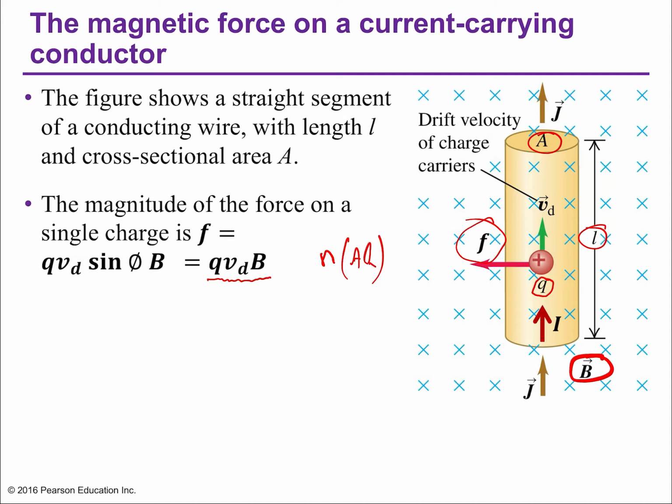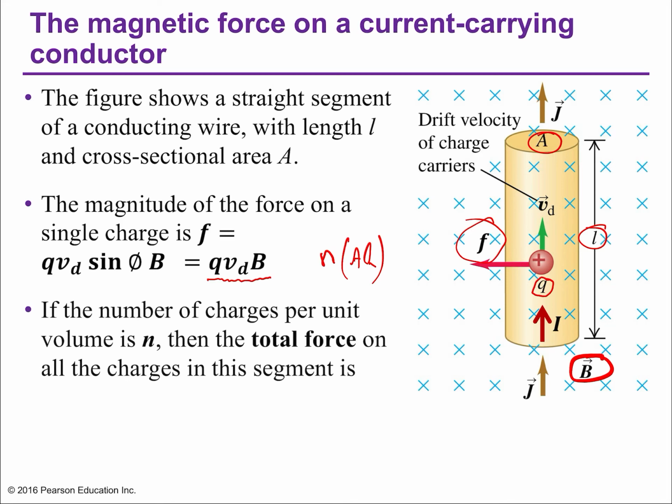If you multiply that number by the force, then you get the total force. And the total force will just be equal to the number multiplied by the force on one carrier. So just substitute for the force on one carrier from the above equation, and you get this equation.